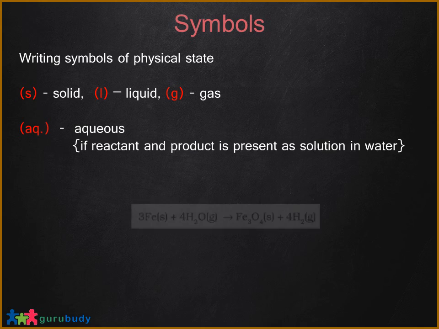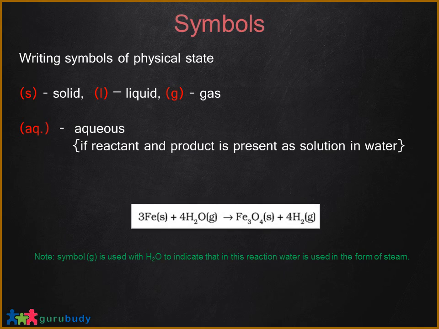Now let's look at the previous equation. Our iron was actually solid, so we put s there. Our hydrogen was actually in the form of steam. We are not using the liquid water, we are actually using the steam, and that's why we put g there. Similarly, we put the physical states in the product too.